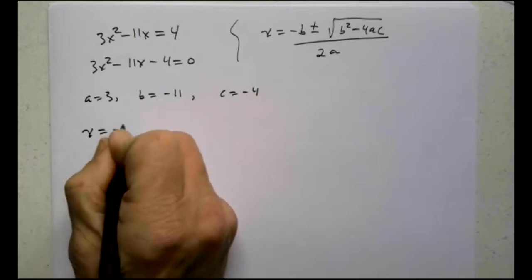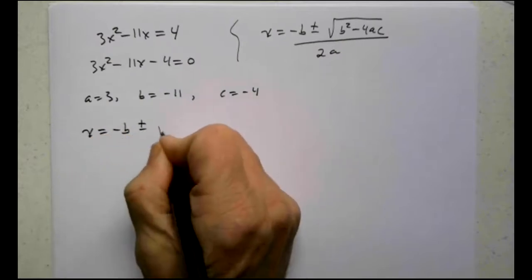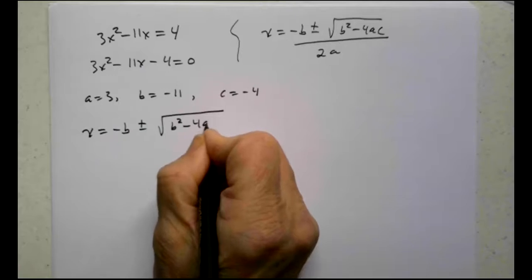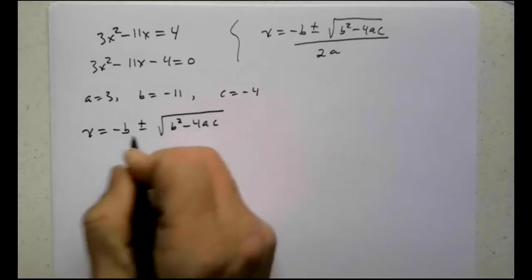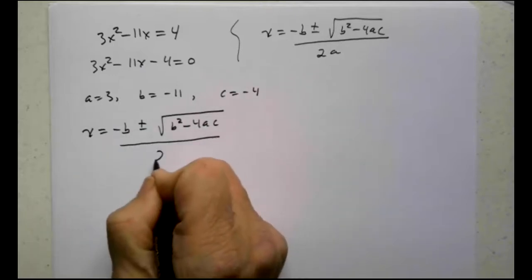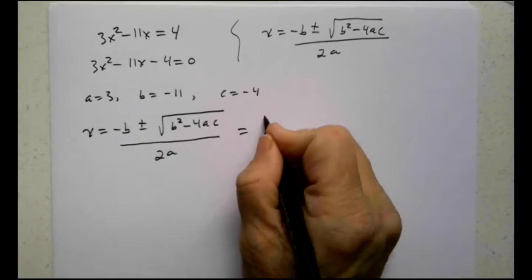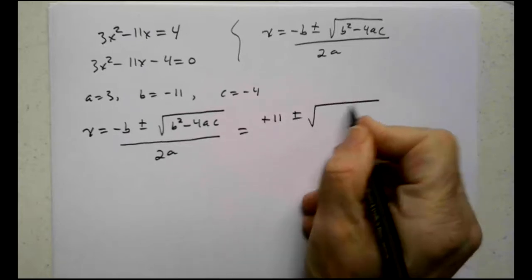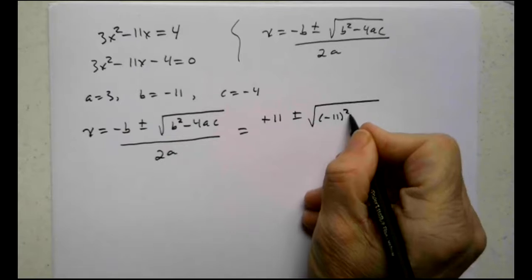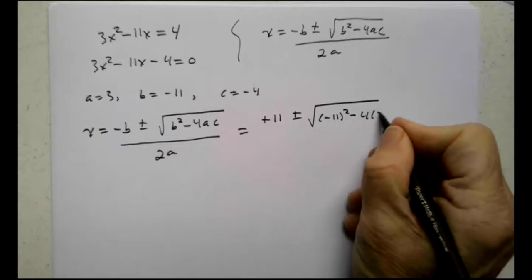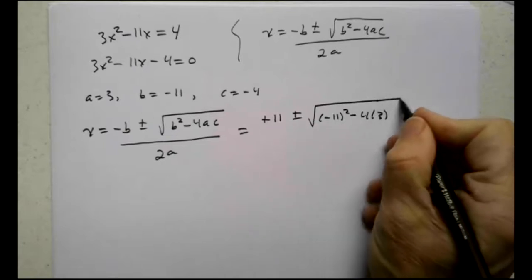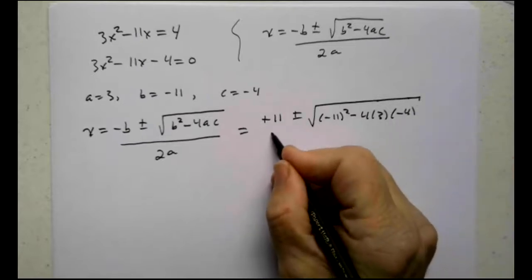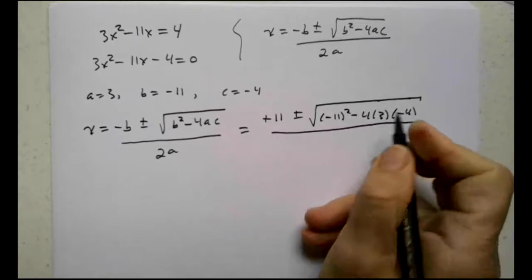Again, x is negative b plus or minus the square root of b squared minus 4ac all over 2a. Negative b, the negative of negative 11, is positive 11, plus or minus the square root of b squared, that's negative 11 squared, minus 4 times 3 times negative 4, all over 2 times 3.